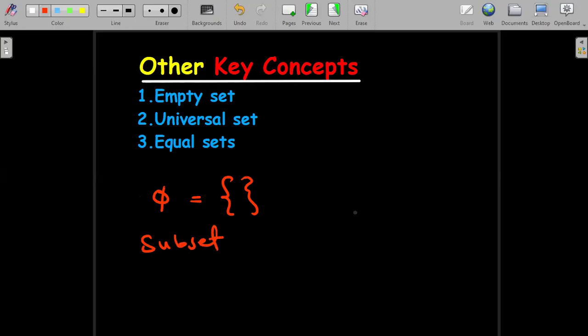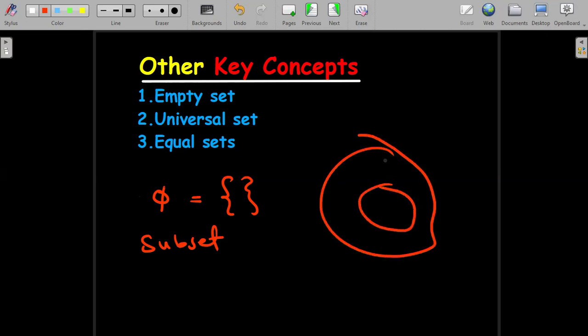So a subset is just a set contained in another set. For example, if I have this set here, A, and another set there, B, with elements listed inside.